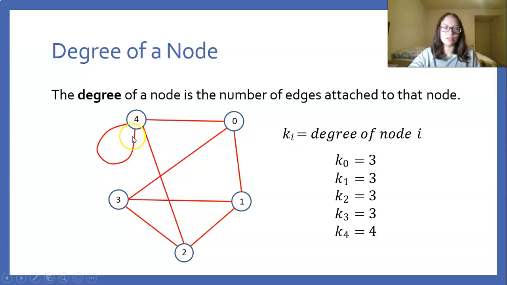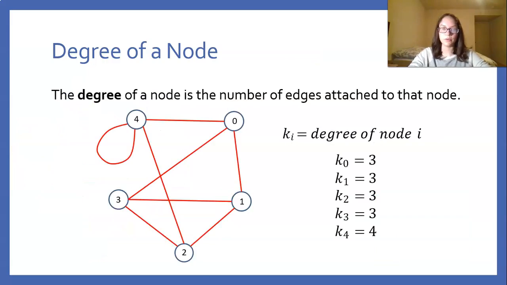There are 2 different ends, so that's going to count as 2. So that's the degree of a node. The degree of a node is very useful in the mathematical algorithms that we can apply in graph theory, and this is something you should keep in mind. You can list each node with the degree of that node, like we did here. It really is just about counting the number of edges attached to that node.